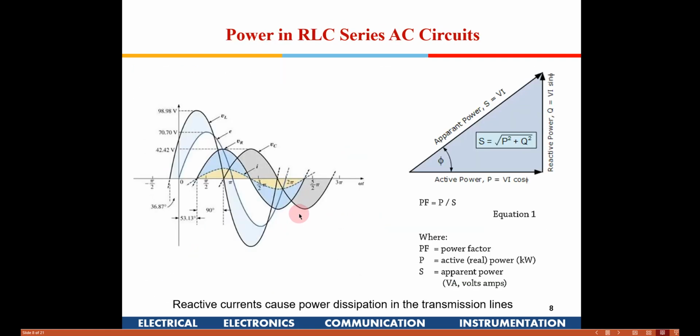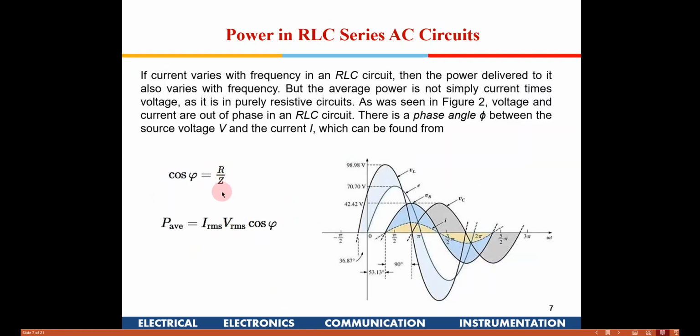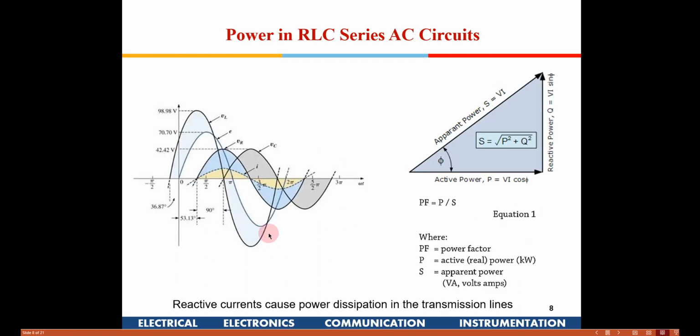So you can do R divided by Z and equate it to cos phi, or otherwise you can use the tan equation also. Both are the same. So this is how we compute the power here.